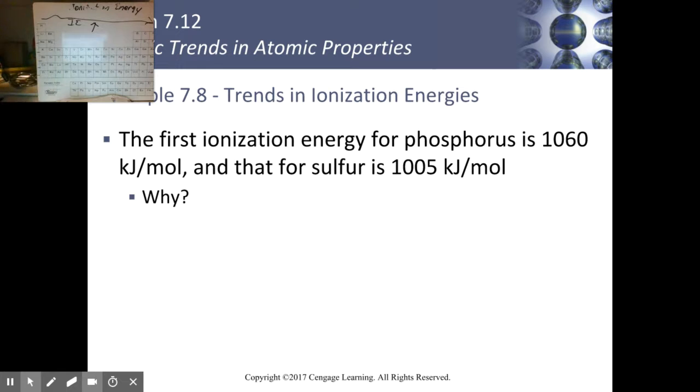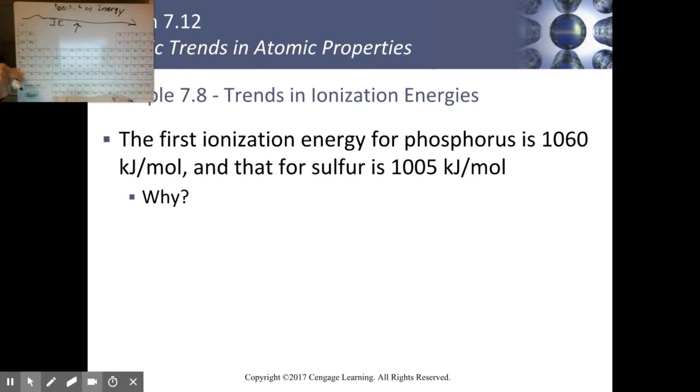Okay. So the first ionization energy for phosphorus is 1,060 kilojoules per mole, and that for sulfur is 1,005 kilojoules per mole. Why? Well, let's find where phosphorus and sulfur are on the periodic table. Here's phosphorus, here's sulfur. Phosphorus has 5 valence electrons, sulfur has 6. Which one is going to require more energy to remove the electron? So if we look, it's going to be phosphorus.